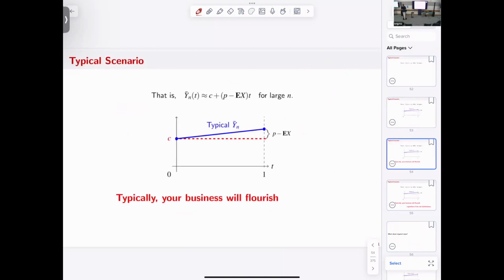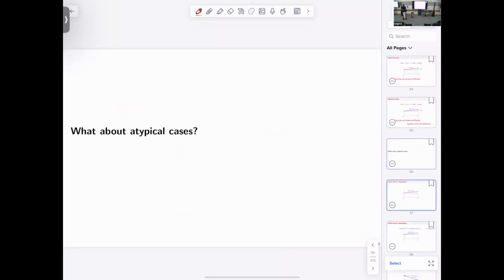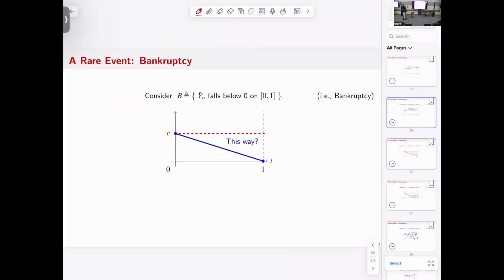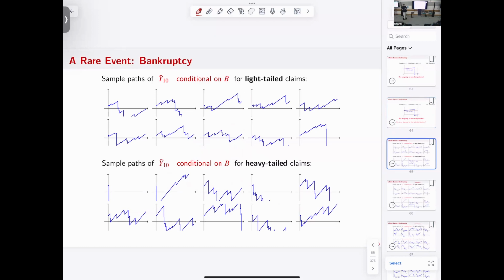But if you consider the rare events, in particular this rare event, the event that the capital reserve goes below zero, you can think of this as bankruptcy. These are possibilities, but in heavy tail and light tail cases, different patterns arise. Again, this is the same experiment, except that I discarded all the non-bankruptcy scenarios.